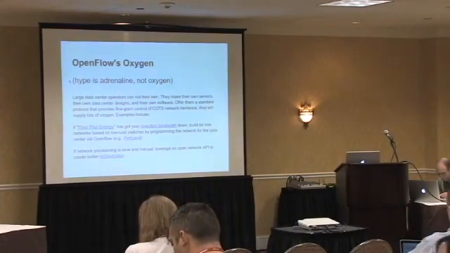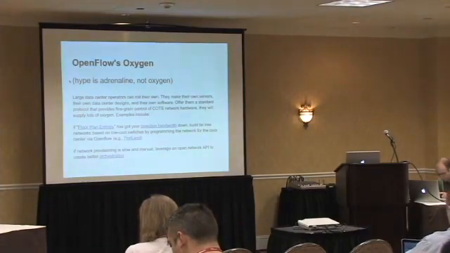All right, so starting at slide 17, what is OpenFlow? It's a protocol for controlling the forwarding behavior of Ethernet switches in a software-defined network. You can have a software-defined network which does not have anything to do with OpenFlow. But one example of how to do software-defined networking is using OpenFlow.